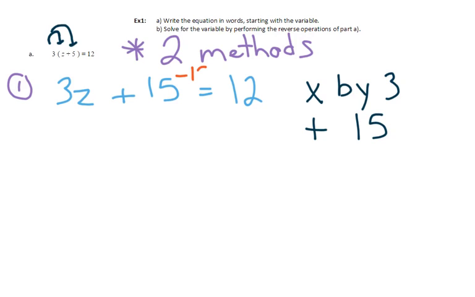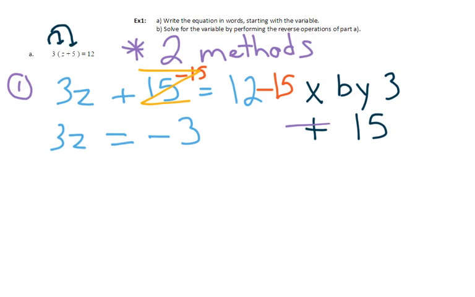So minus 15 and minus 15. So we are left with 3z, and then here we have plus 15 minus 15. Well, that is 0. So this is 0, and then we're left with our equal sign, and 12 minus 15 is negative 3.